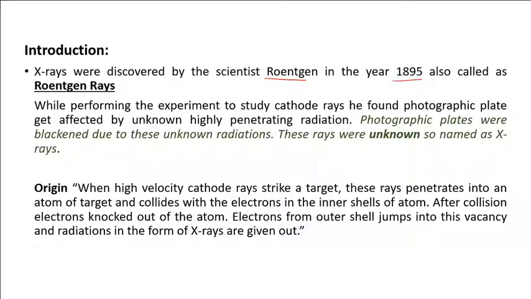Röntgen was studying cathode rays, and while performing the experiment on cathode rays, he found that the photographic plate gets affected by an unknown highly penetrating radiation. He found that those photographic plates were blackened due to these unknown radiations, and since these radiations were unknown, he named that radiation as X-rays.